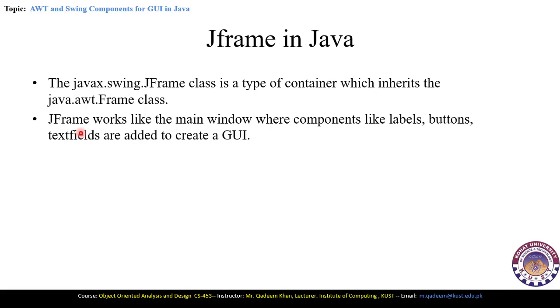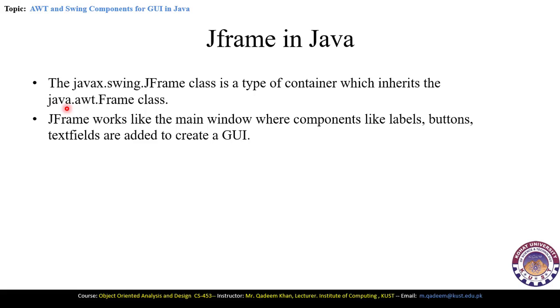Now, the first control in the AWT is called the JFrame control, and it is also part of the javax.swing.JFrame package. This class provides you the container which is inherited from the java.awt.Frame class, where AWT is the abstract windowing toolkit class.